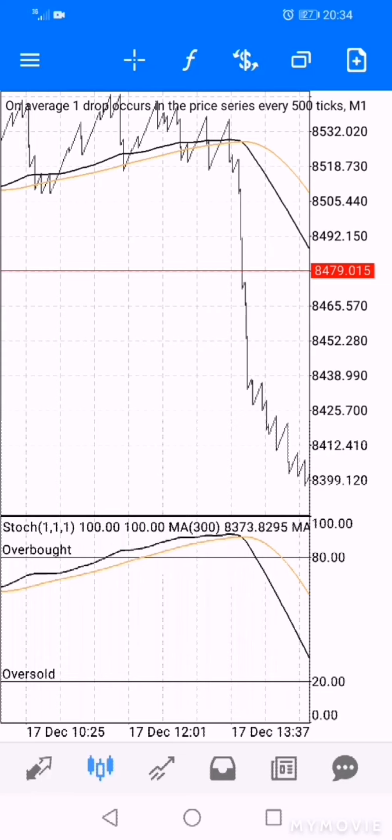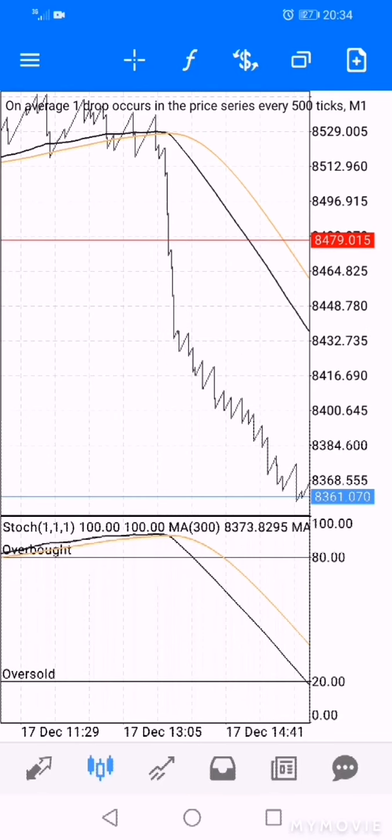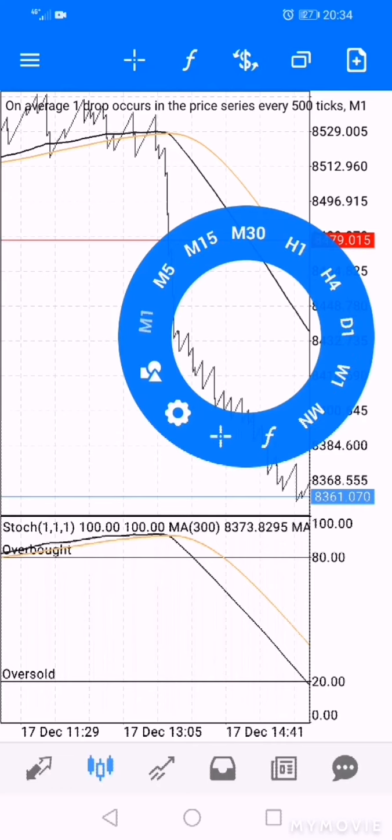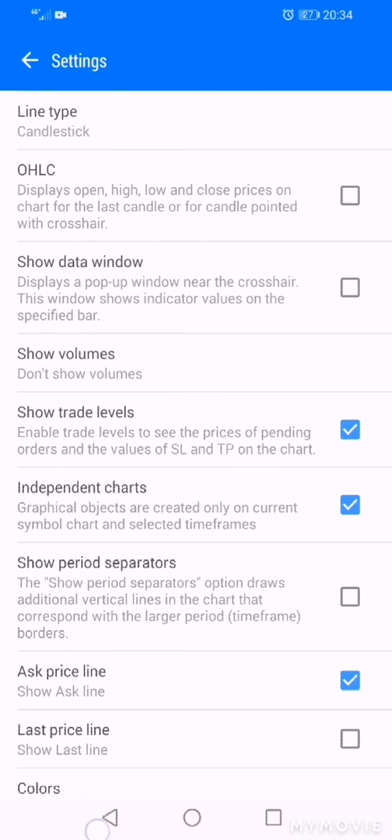They use it to trade your gold, your Volatility 75, Volatility 100, all the other volatilities, your gold, your NAS 100. So you can use it. It's up to you. It's your choice. You can use it to trade any instrument of your choice.